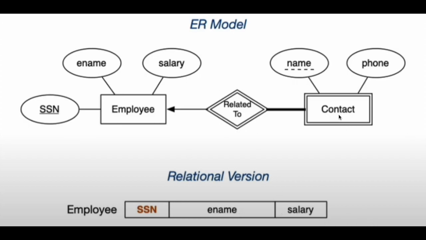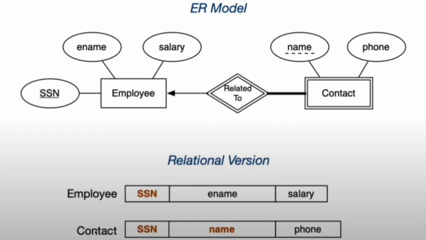Moving on to the weak entity called contact. Remember that we discussed that weak entities have a discriminator instead of a primary key. The primary key is instead the discriminator combined with the primary key of the strongly associated entity. In the relational model, it's very similar.